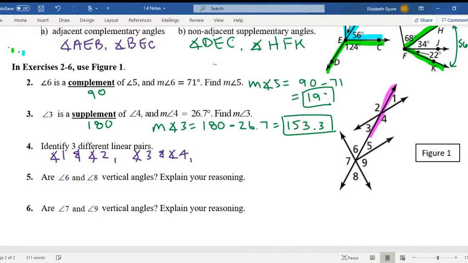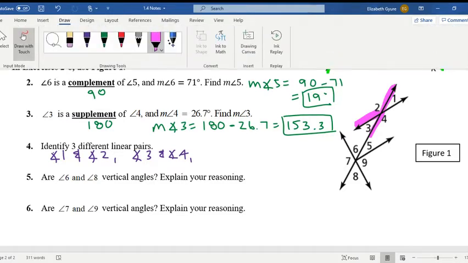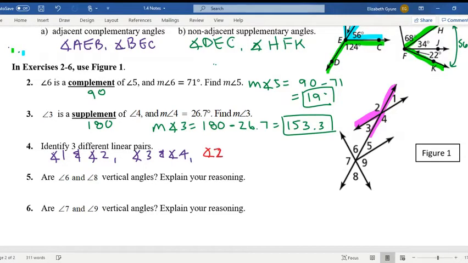right here. So if you take a look at angle 1 or angle 2 with angle 3, that would also work. And on the other side, angle 1 with angle 4. So angle 2 and angle 3 and angle 1 with angle 4.